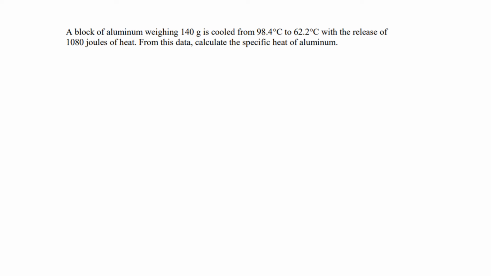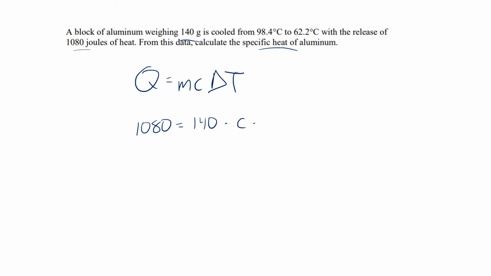Okay, so we have Q is equal to mc delta T. This time we know how many joules got in there. It's going to be 1080. We know the mass is 140 times C. We're looking for the specific heat, so it's just going to be times C. If we're going from 98 to 62, that's a change of 36.2 degrees.